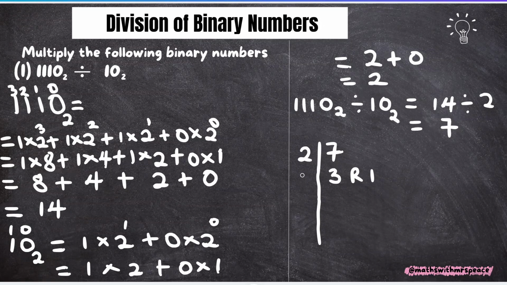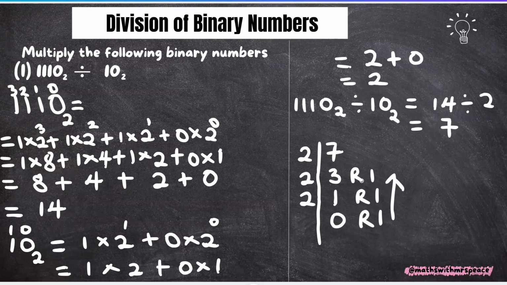And again, 3 divided by 2 will be 1 remainder 1. And 1 divided by 2 will give you 0 remainder 1. Always bear in mind that we write our remainders in this direction, from down to up.